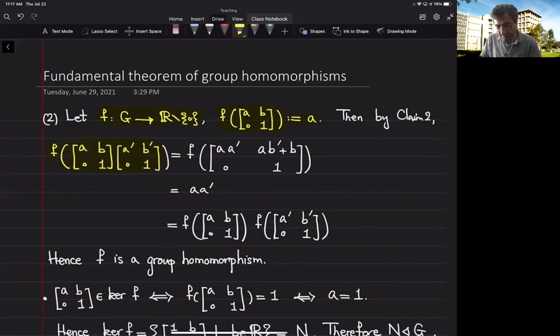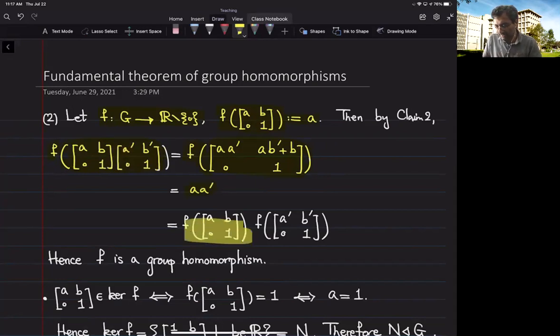I have to multiply the matrices. I do so, and I get this. Then I need to apply F to this matrix. And when I apply F to an element of the group, it gives me the 1-1 component. So it should give me the 1-1 component, that is A times A prime. And A is precisely F of the first element, and A prime is F of the next element.